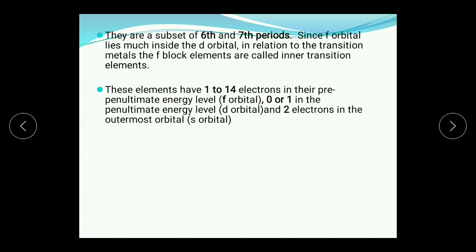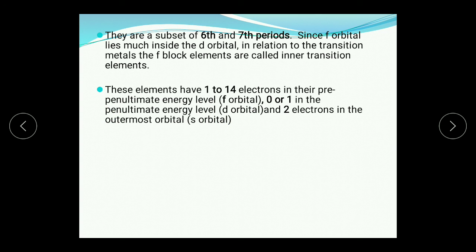They are a subset of 6th and 7th period. They belong to 6th and 7th period. Since f orbital lies much inside the d orbital in relation to the transition metals, F block elements are called inner transition elements. These elements have 1 to 14 electrons in their pre-penultimate energy level.